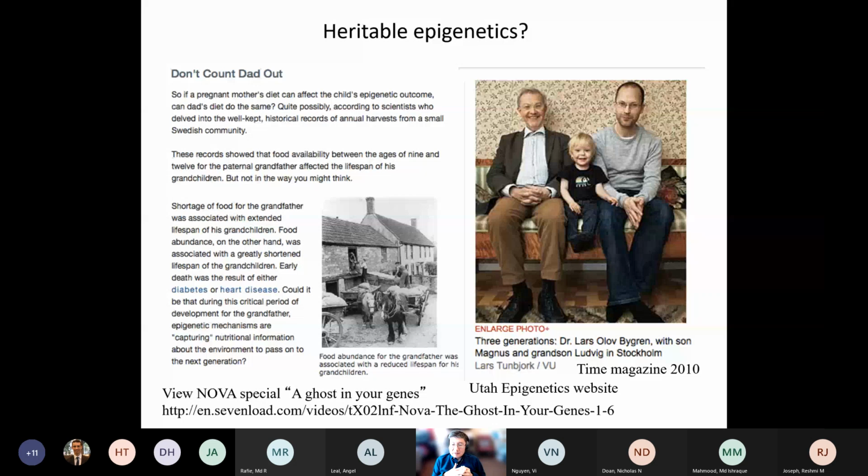They observed that if the grandpa experienced famine, that means they didn't have enough food during a span of their childhood, like when they're maybe 7 to 11, and then that can result in the grandson having a long life.